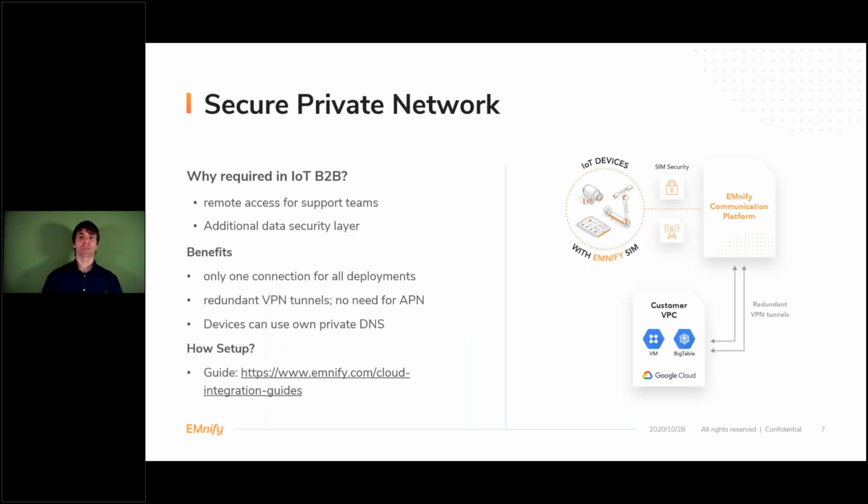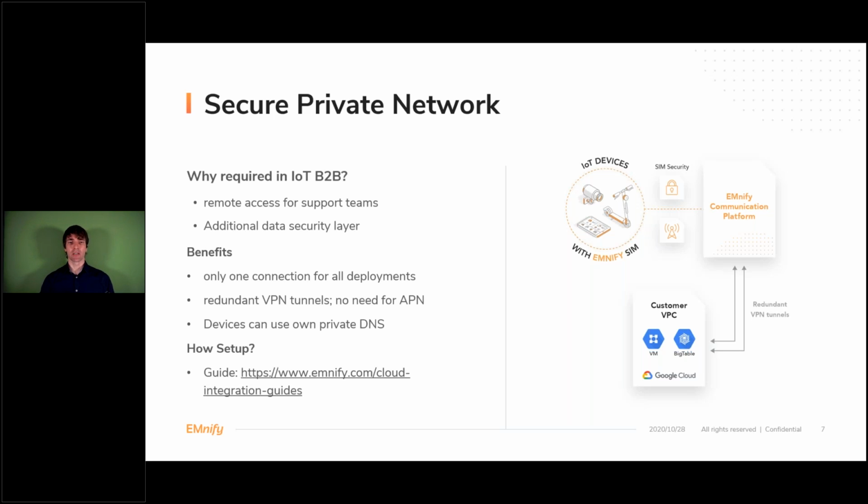And with that, I go to the second integration that we have for Google, and this is a secure private network. So why do you need a secure private network, or what is it? You might know a secure private network from your home network, where you have a private network with your local LAN or Wi-Fi router.